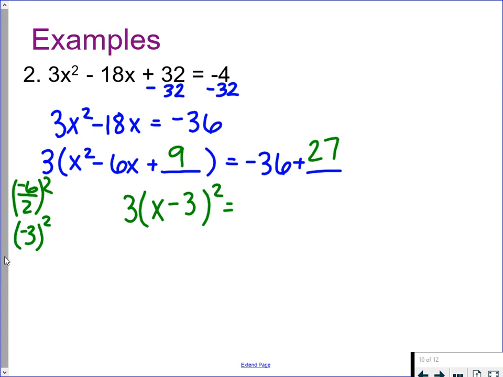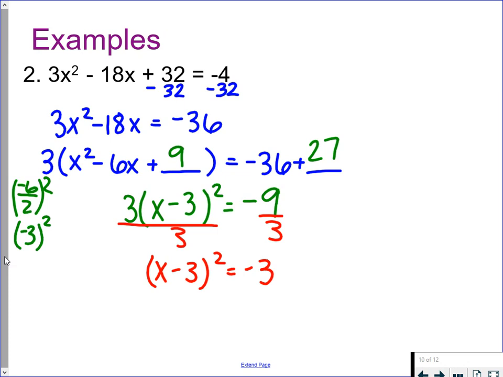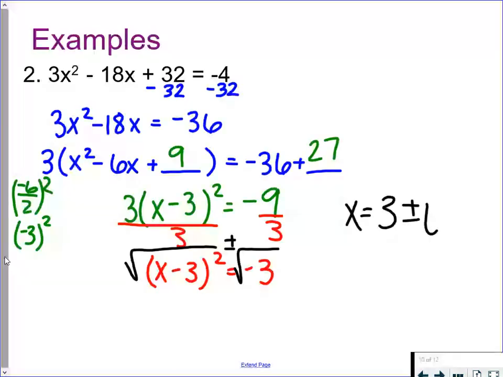Negative 9. Divide by 3. Take the square root. So I end up with x equals 3 plus or minus i square root of 3.